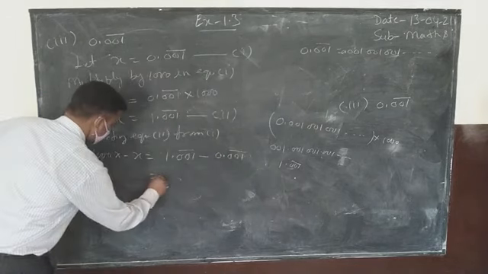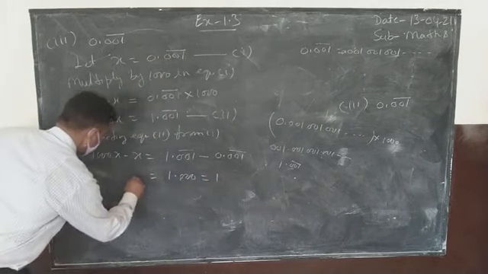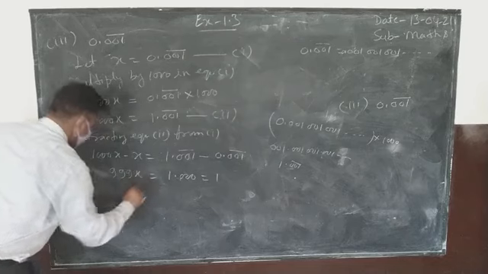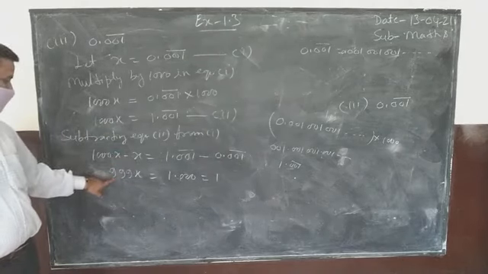So what is left here? Only 1.000, which means 1. This is the value of 999x. 1000x minus 1x is 999x.